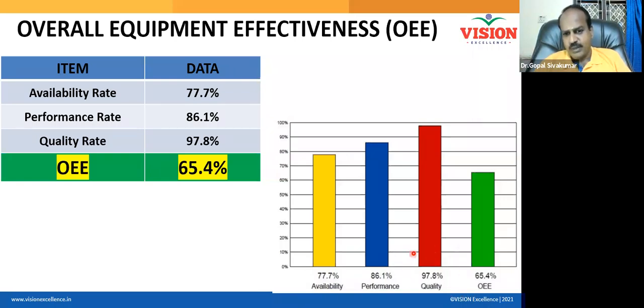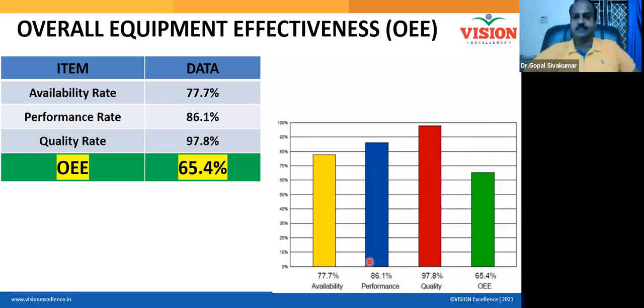So there is a scope for a DMAIC project to reduce the defects here. And then there is a scope for reducing the speed loss. Reducing the speed loss means cycle time reduction. The scope is to try to reduce the cycle time of every process. If you reduce the cycle time, then speed loss will go down and performance will improve.